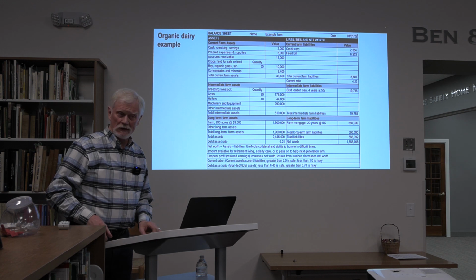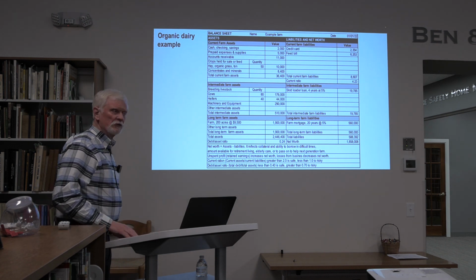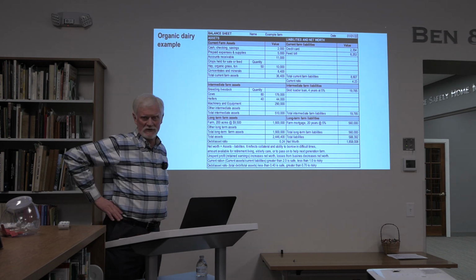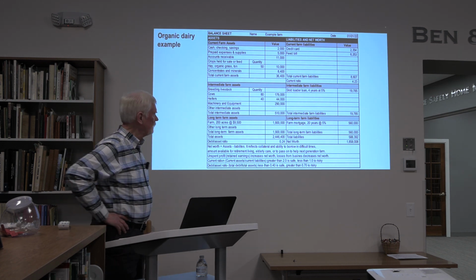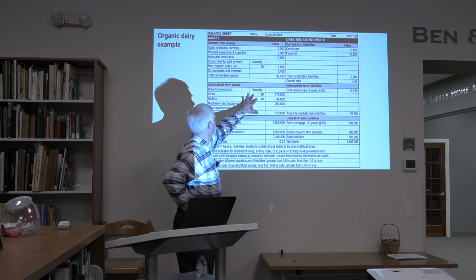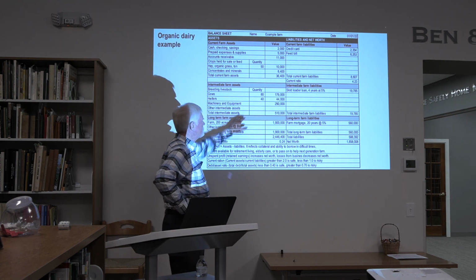Now, market livestock, animals that we plan to sell, would go up under current assets. So here, this is a dairy farm: cows, heifers, machinery and equipment.